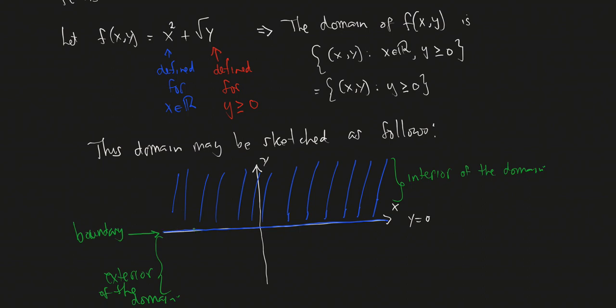Again, see what happens is on the boundary: if I were to draw a circle anywhere on this boundary, the interior of the circle would contain some points that are interior points and some points that are exterior points.